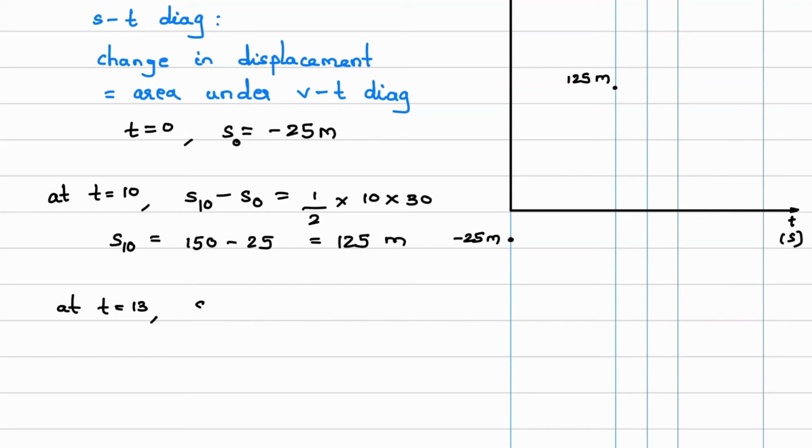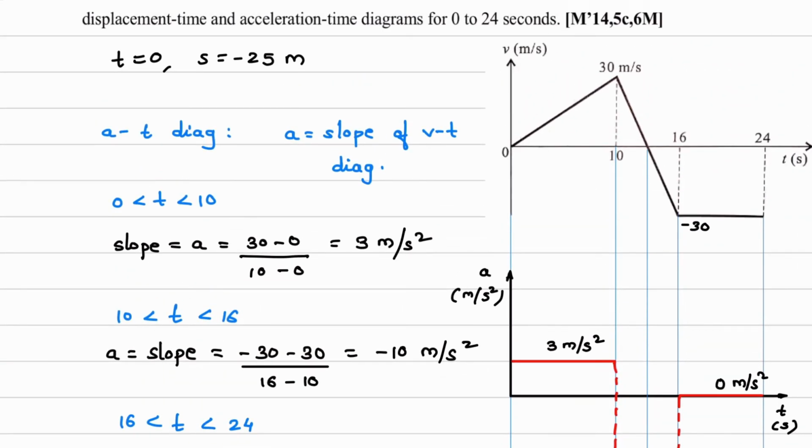What we can write? S13 minus previous point was S10, right? We'll take that. S13 minus S10 is equal to. Now what is the area that we have to see? So S13 to S10, what is this area? It will be this triangle, right? Half into base is 3 into height is 30.